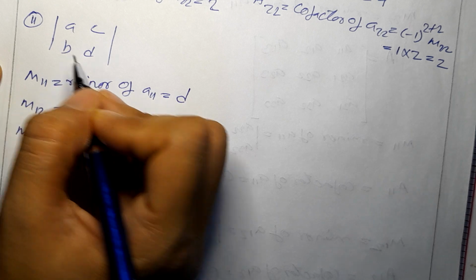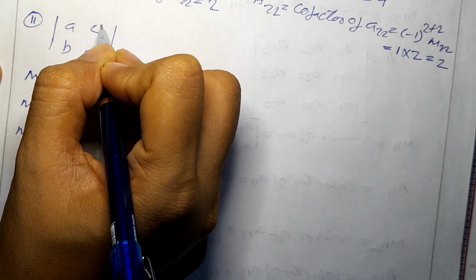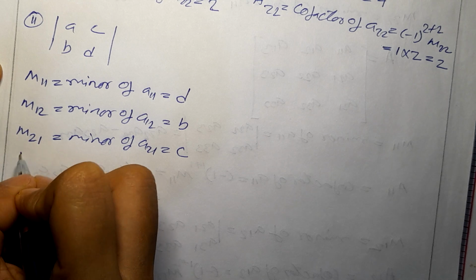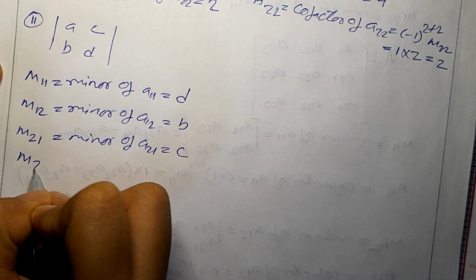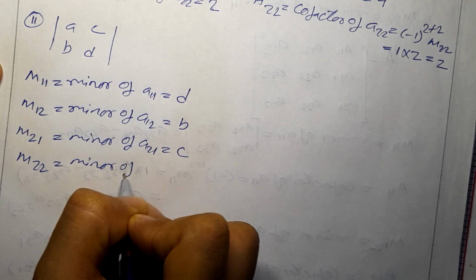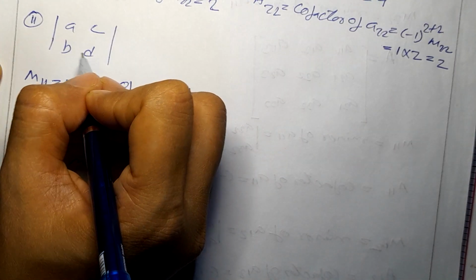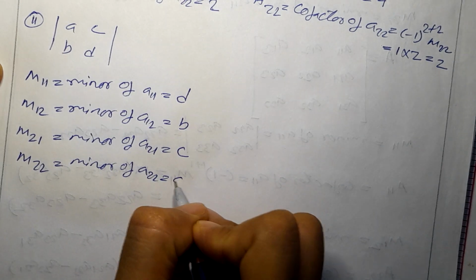Eliminate the second row and first column, the remaining is c. M22, the minor of a22. Eliminate the second row and second column, so a.